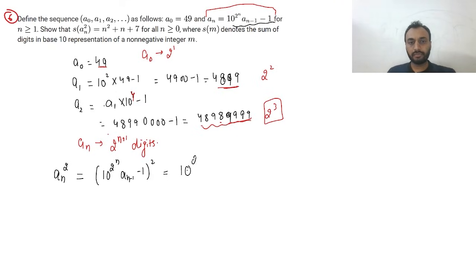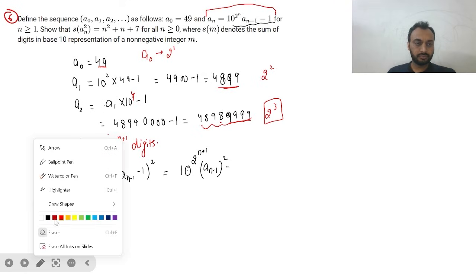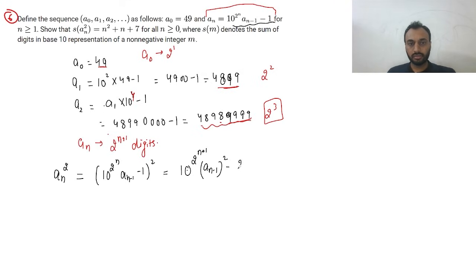So it will become 10 power 2 power n plus 1 times AN minus 1 square, minus 2 into 10 power 2 power n times AN minus 1, plus 1, right? So that is our AN square.